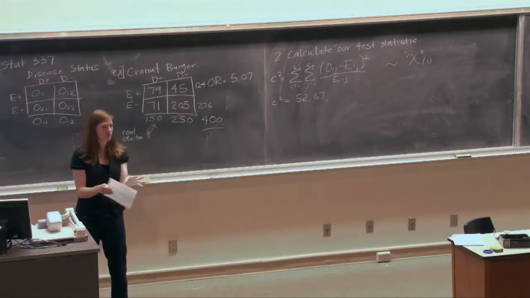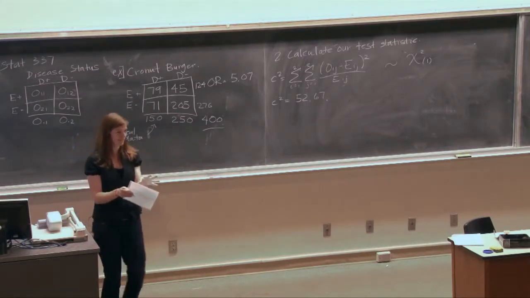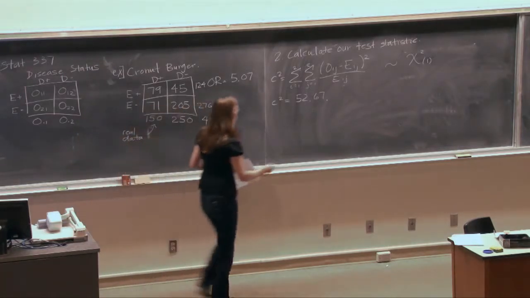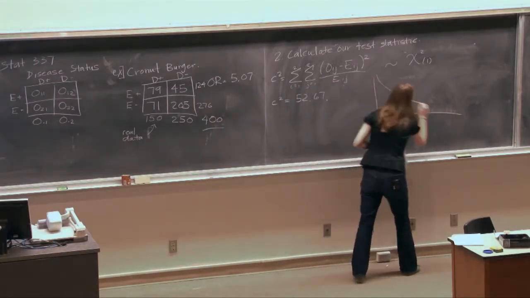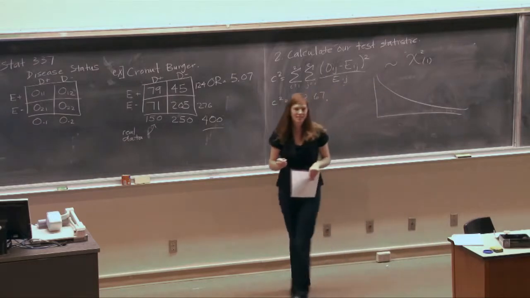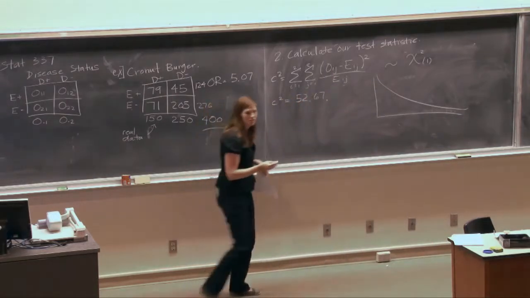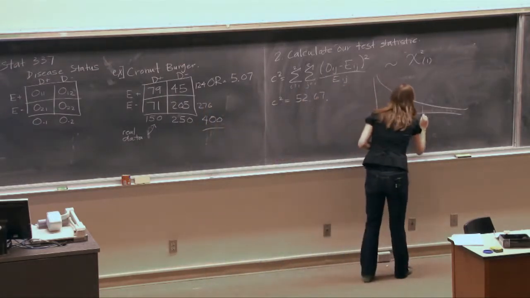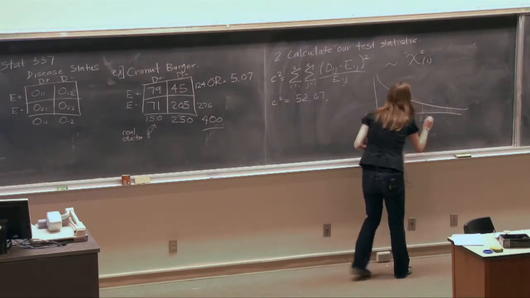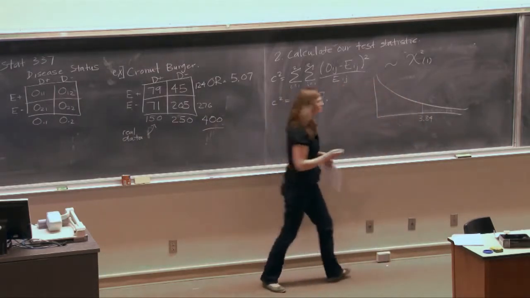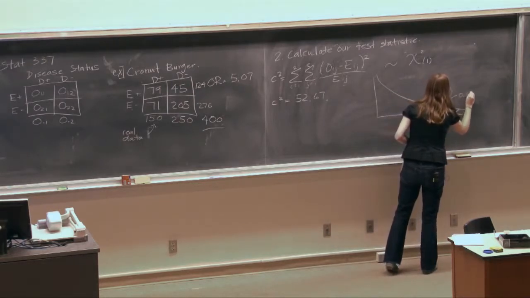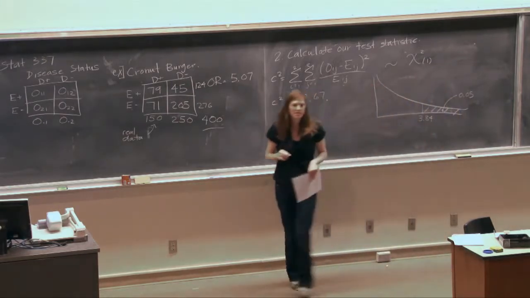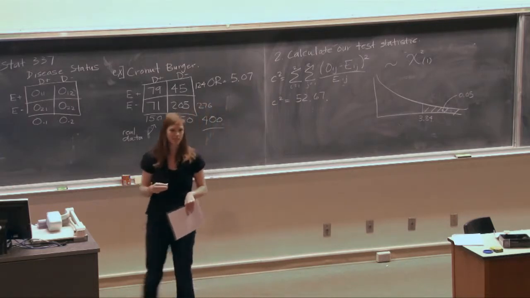So the question is, is 52.67 big? The answer is, for a chi-square 1, yes, because that's the PDF of a chi-square 1 distribution. And this value here, 3.84, has only 5% of the area under the curve to the right of it.